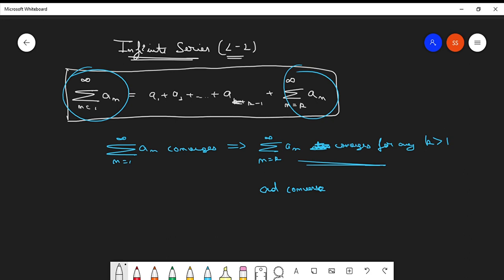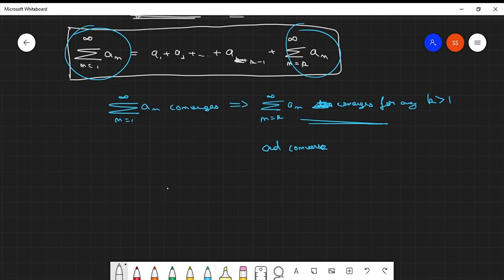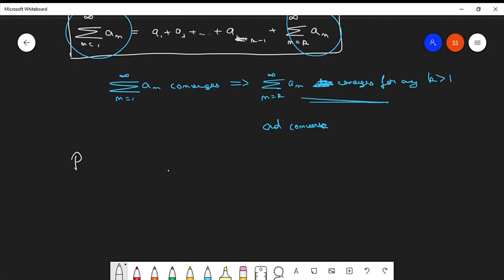Next, one more topic, which is kind of important, is called the reindexing of infinite series. Reindexing basically says that this summation n equals 1 to infinity a_n can be written as summation n equals 1 plus h to infinity a_(n minus h).